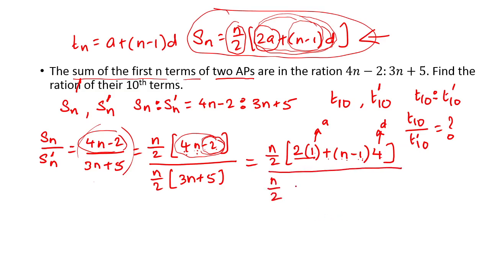Now the same way I write down for the denominator. I have n upon 2 into, and the same way 3n plus 5 I have to write down in this form, 2a plus n minus 1 into d. So I'll write down n minus 1 first. The coefficient of n is 3, so I write 3 here, so that I get 3n. And now there is minus 3 here, but the actual term here is 5.